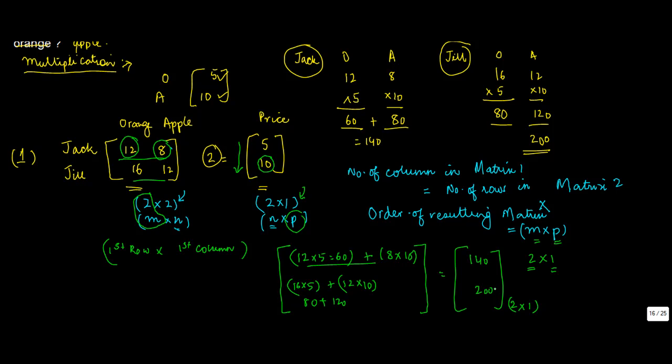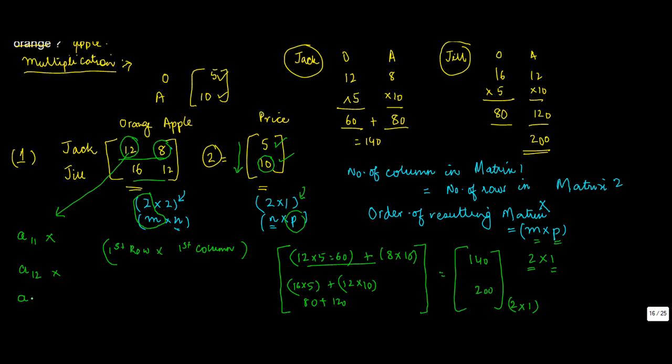But again, there is one very important point which you should note. Let's call this element A11. So how do I know which element I should multiply this with? Whether I multiply it with 5 or 10. Similarly, for 8, which is A12, which element do I multiply it with?